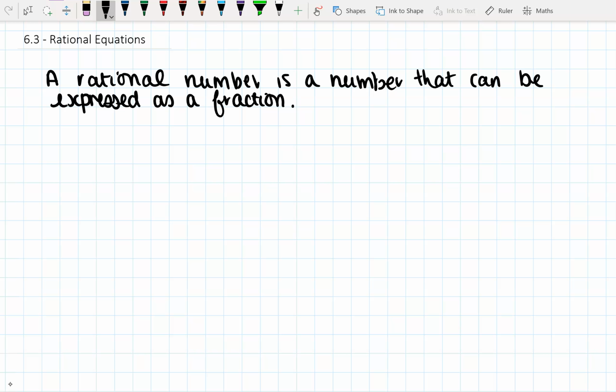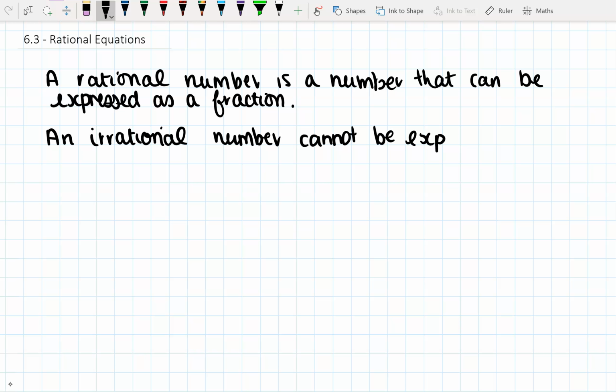We also have the opposite, which is an irrational number. An irrational number cannot be expressed as a fraction.